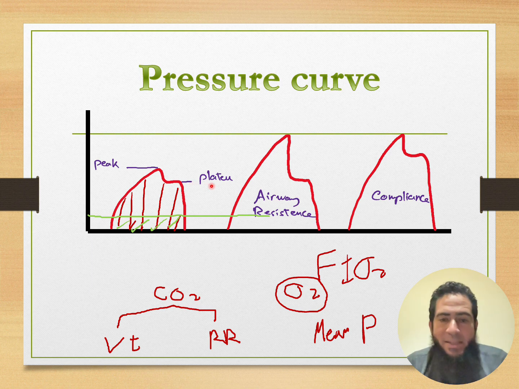So all the studies that discussed barotrauma and volutrauma, for example in the ARDS network guidelines, said that it's safe as long as you keep the plateau pressure under 35, for example. So it's the plateau pressure because it reflects the alveolar pressure.